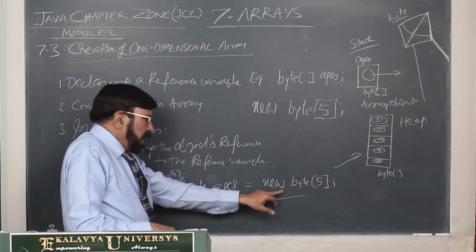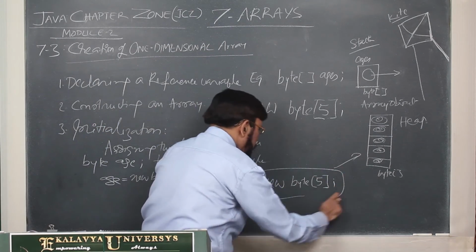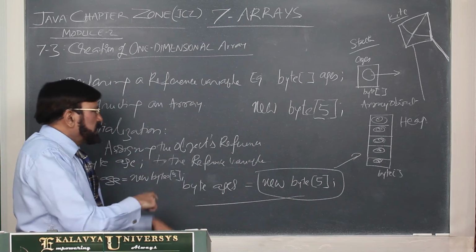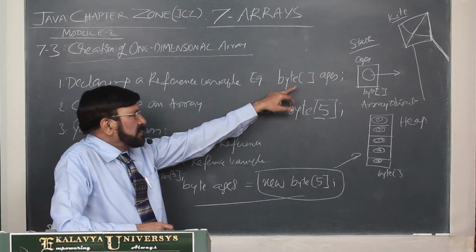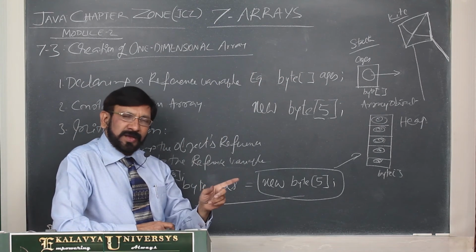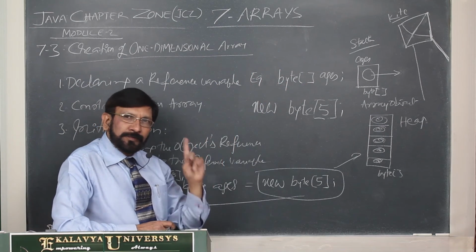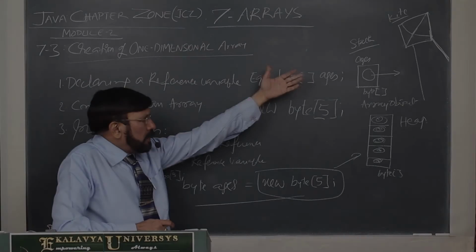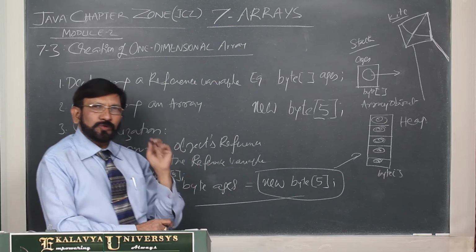That means after creating this part only you can access the individual elements. Before that, simply after declaring the reference variable, if you want to access an array, then it leads to throwing an exception.